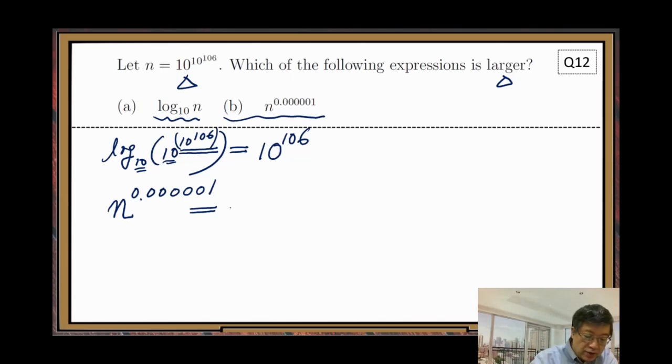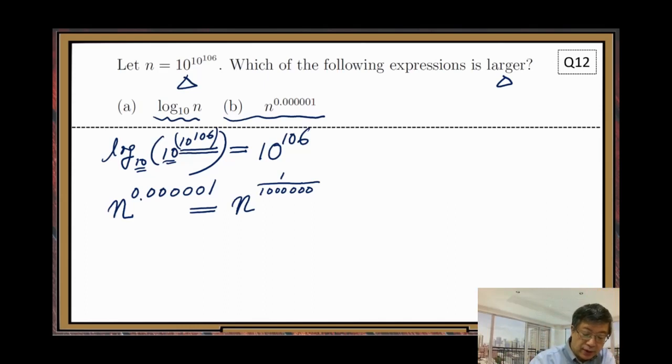What is that number n? 1 over 1 million, right? 1 over 1 million, 6 positions, 6 zeros.